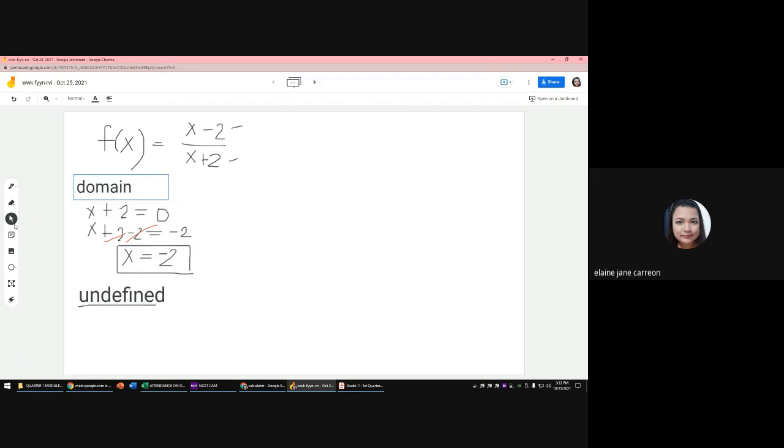Now, for us to have the domain here, we can now list. So, alam na natin kung ano yung hindi pwedeng ilagay sa ating denominator. So, the domain here is ganito siya. Lilipat ko yung domain dito para mas malaki yung space natin. Okay, so we're going to use the Roster method.